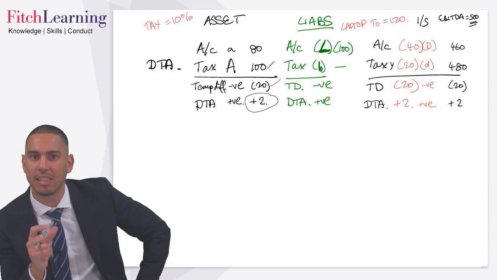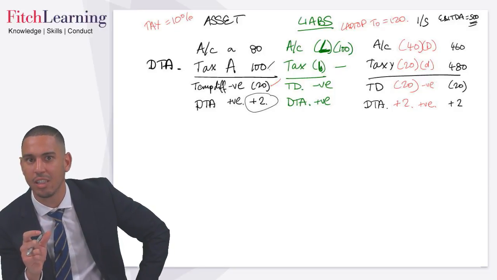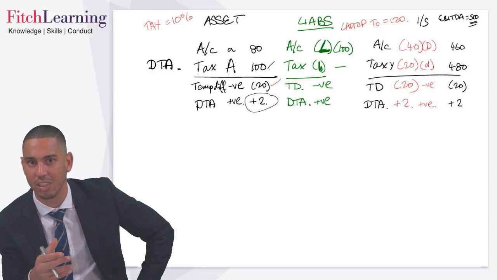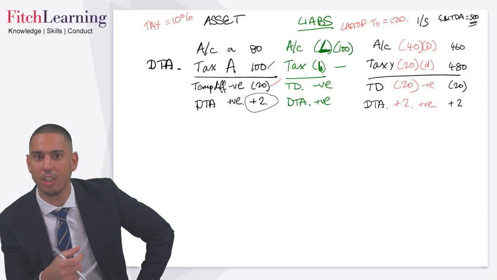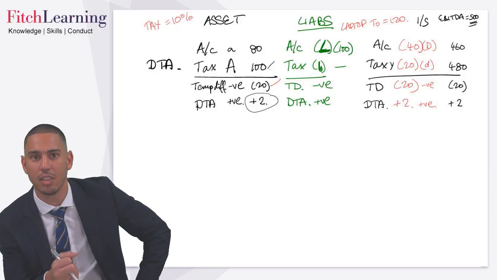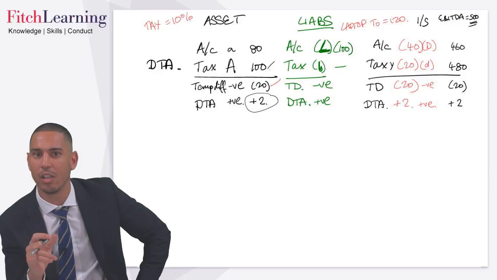If I were to settle all of those warranty expenses for $100 in cash, then according to my accounting standards, I've made no gain or loss. I recognised a liability of 100, I settled the liability for 100, no difference. But the tax authority has said your liability is currently 0.